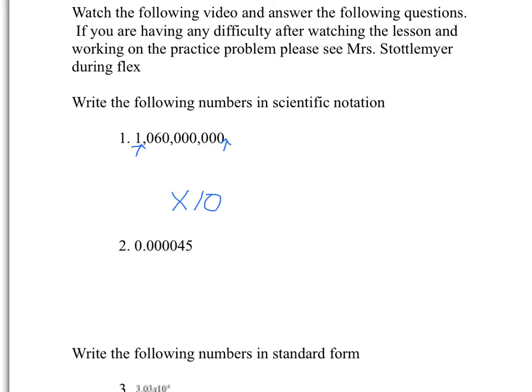So now I'm going to count 1, 2, 3, 4, 5, 6, 7, 8, 9. I moved 9 spots. So that becomes my exponent. In front of the multiplication sign goes all of the numbers until you hit the long row of zeros. So the long row of zeros isn't until after that 6, so I have to make sure I include the 6 in front of the multiplication sign. And then that's your final answer.